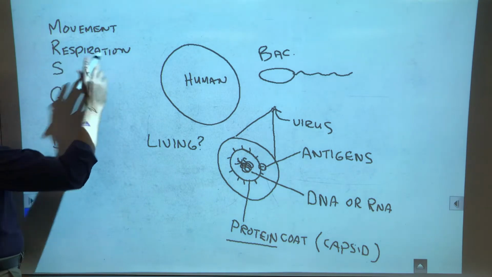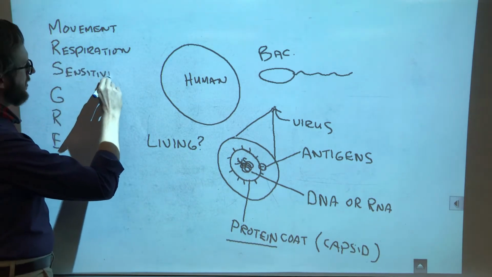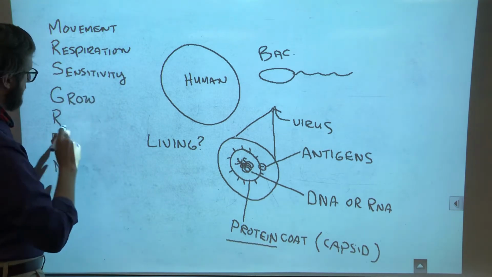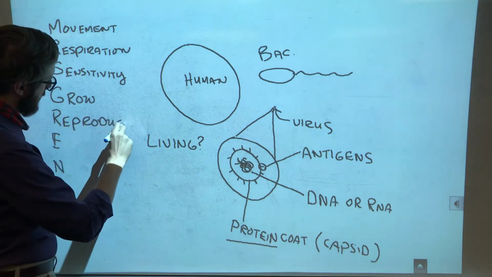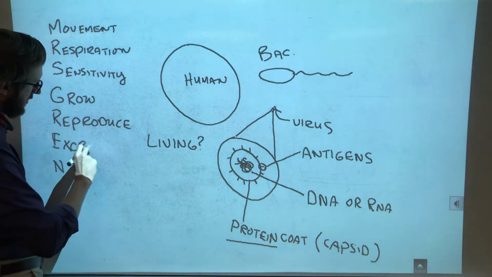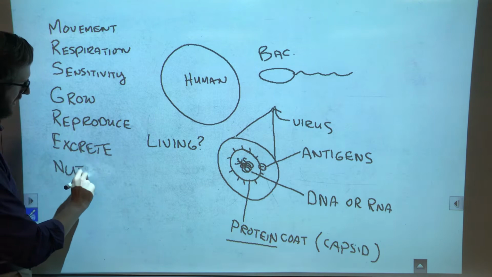So it has to be able to do that. It has to be able to sense its environment. It has to be able to grow. It has to be able to reproduce. It has to be able to excrete waste. And it has to be able to take in nutrients.